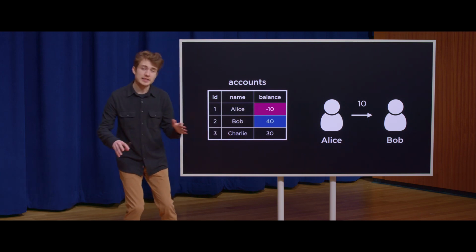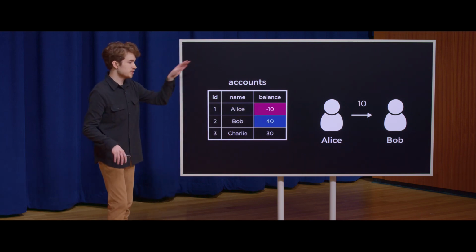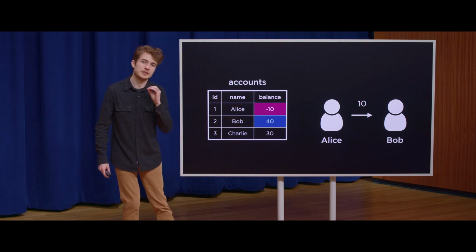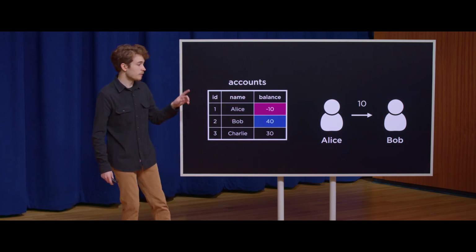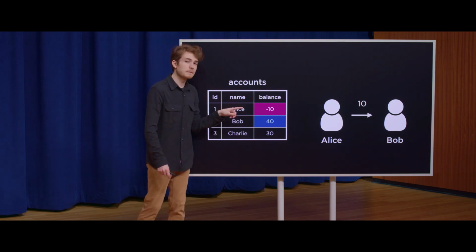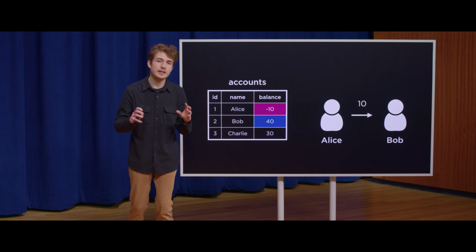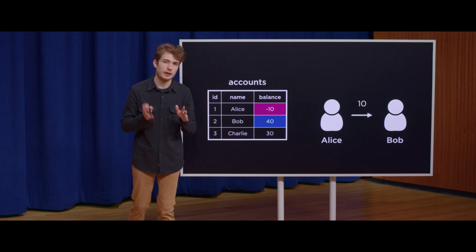And that violates our check constraint that we saw in our schema. The balance of Alice's account must always be at least $0. So if I were to complete this transaction, that would bring our database to an inconsistent state. It violates some constraint that we have.